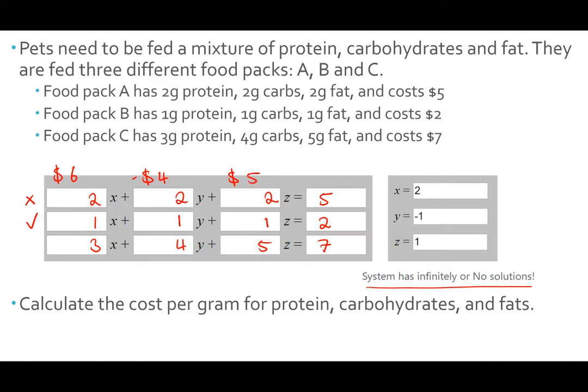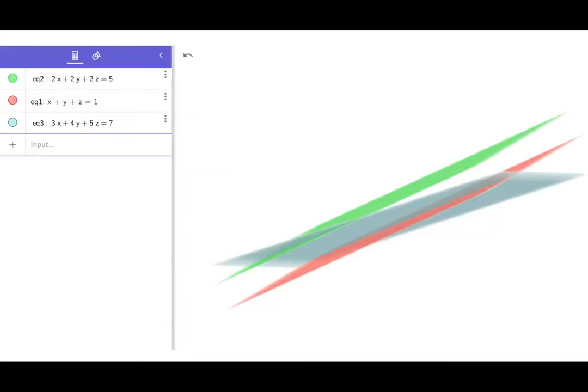Adding those together also gives us 7. So the prices are once again consistent with food pack C, but not with food pack A. So still a non-solution system, I'm afraid. Geometrically, we can verify that this is two parallel planes where one plane intersects the other two.